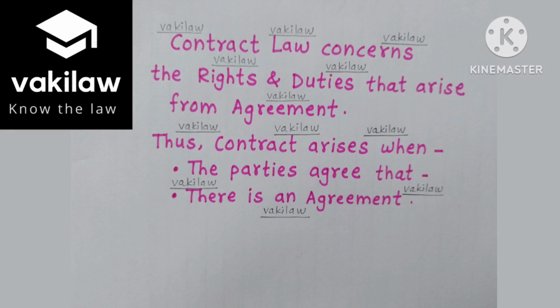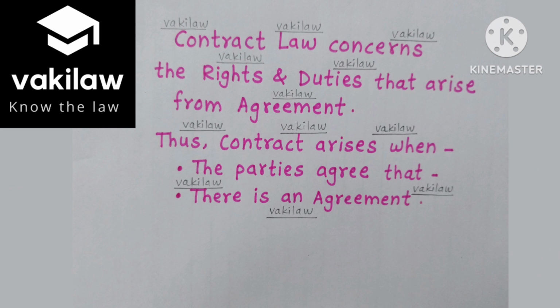What is the difference between agreement and contract? We'll be taking a look at it in the upcoming session. But for now, you need to understand that an agreement which defines the rights and duties of the parties concerned to that particular agreement is a contract which has legal enforceability. So, a contract arises when A, the parties agree that B, there is an agreement.